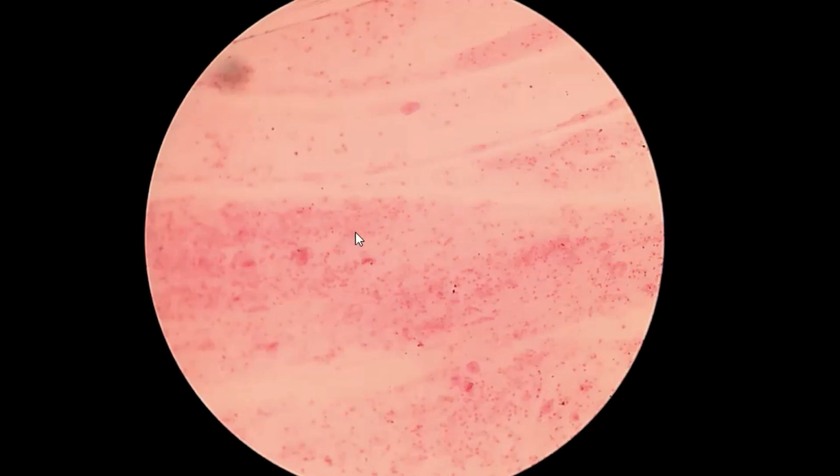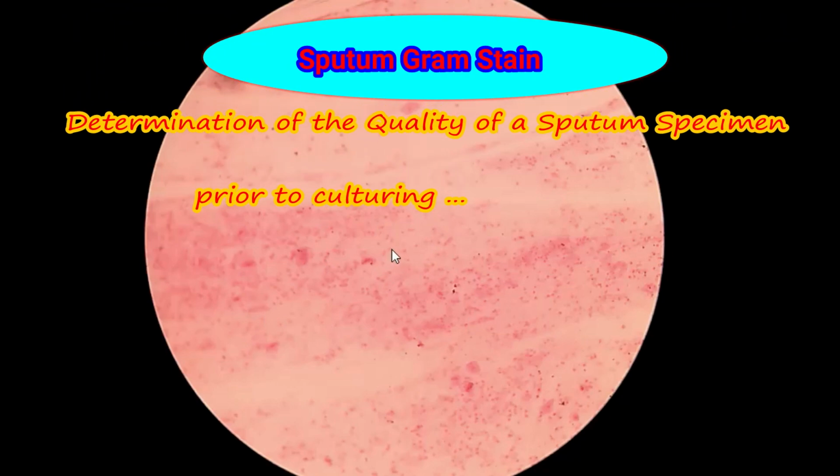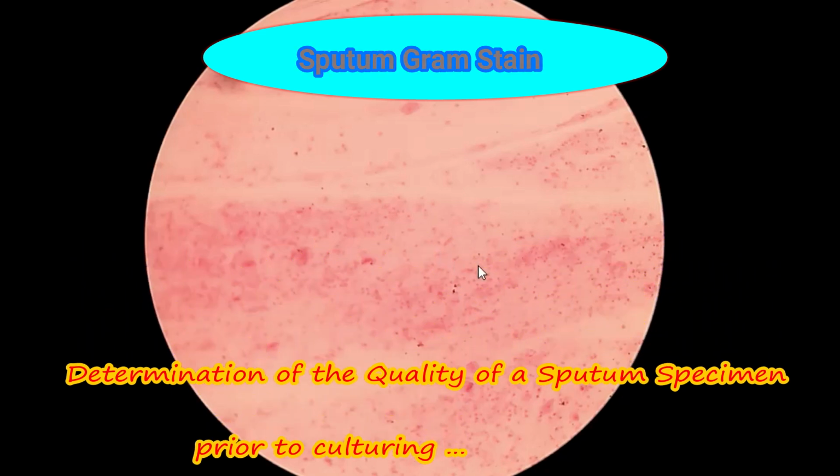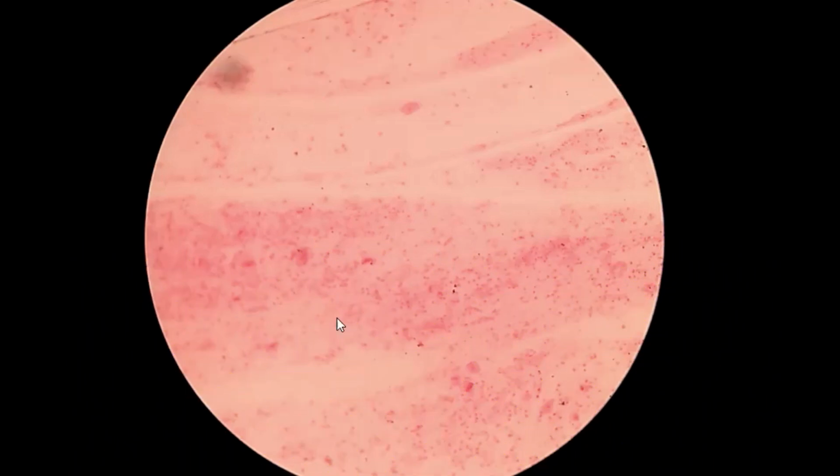Here you can see these are epithelial cells, this one, this one, this one. So the number of epithelial cells in this field is less than 10. And here you can see these are small in size, these are pus cells.